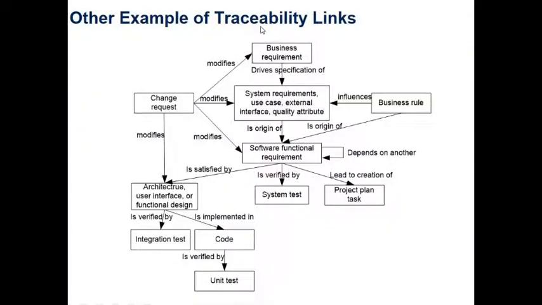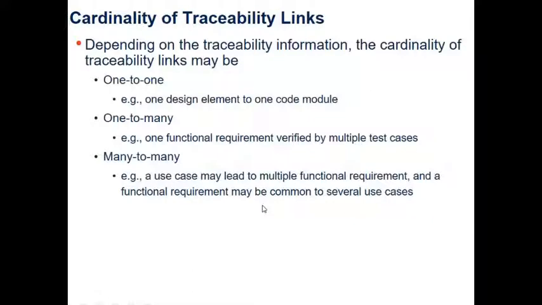Other examples of traceability links include these. And here you have change request modifies business requirements. And so these are the links. Now how about cardinality of the traceability links? Depending on the traceability information, the cardinality of traceability links may be one-to-one, one-to-many, or many-to-many.